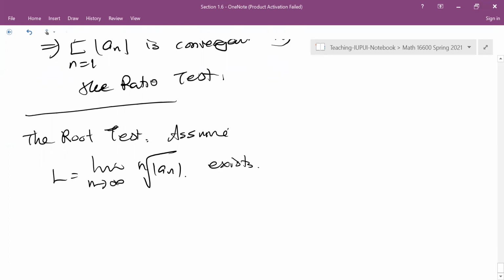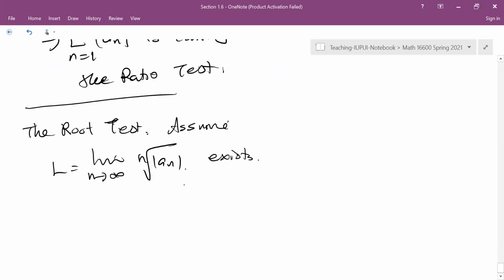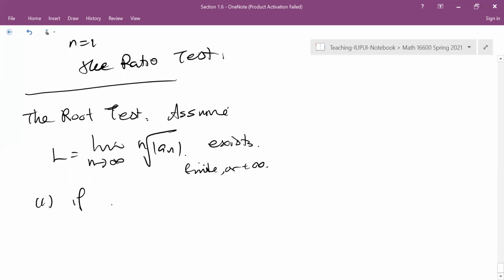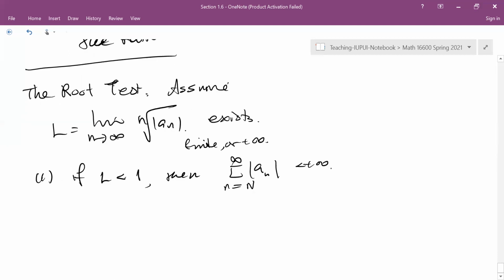It could be finite, or positive infinity. The first case is if L is less than 1, then the series is absolutely convergent. And actually you compare with the geometric series again.